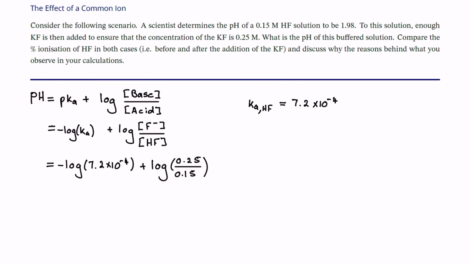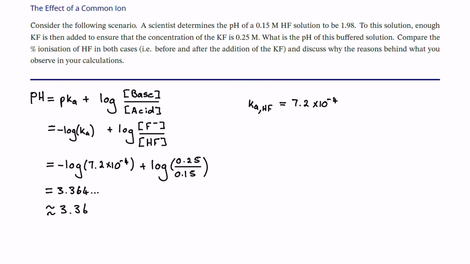So you can take the initial concentrations to calculate the pH. I then get a value of 3.364, etc. Rounded to two decimal places, I get 3.36. So that's the pH.